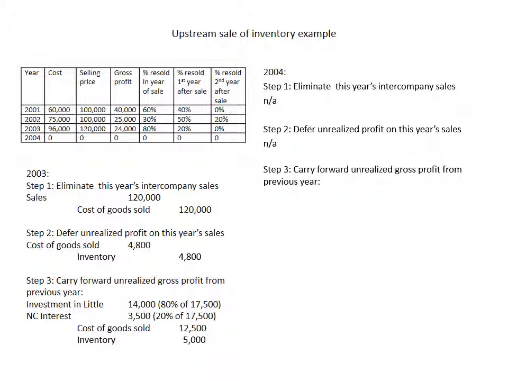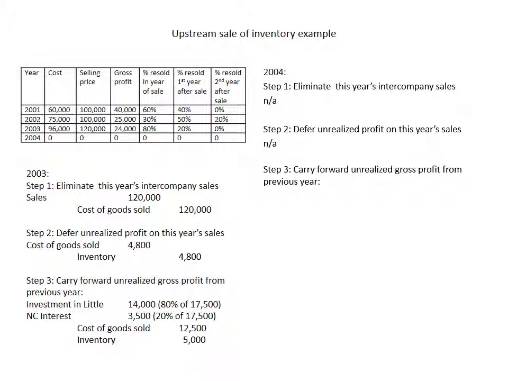Now we do have to carry forward the unrealized gross profit from the previous year. And look at the entries for 2003. In the Step 2 entry, we deferred $4,800. In Step 3, we were still deferring $5,000. We still hadn't recognized all of the 2002 gross profit. So if you look at the two credits to inventory in 2003, there was a total of $9,800 of marked up inventory being carried forward from last year.